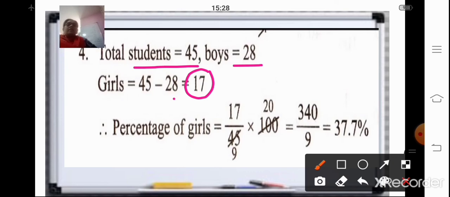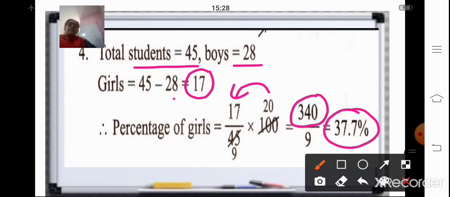Simplified here, 5 nines are 45, 5 twos are 10, 0. When you multiply these two numbers, you get 340. So 340 upon 9, that means you will divide it. When you divide 340 by 9, you get 37.7% of girls in the class.